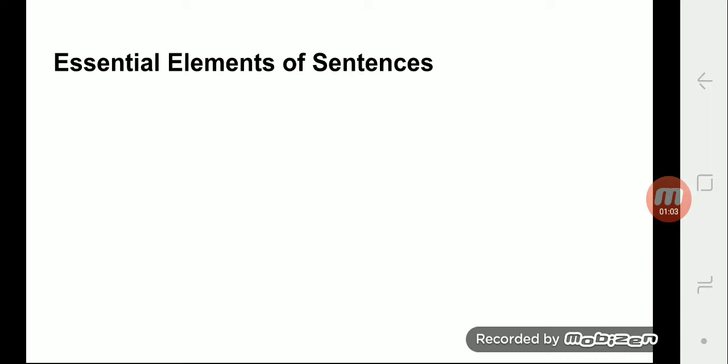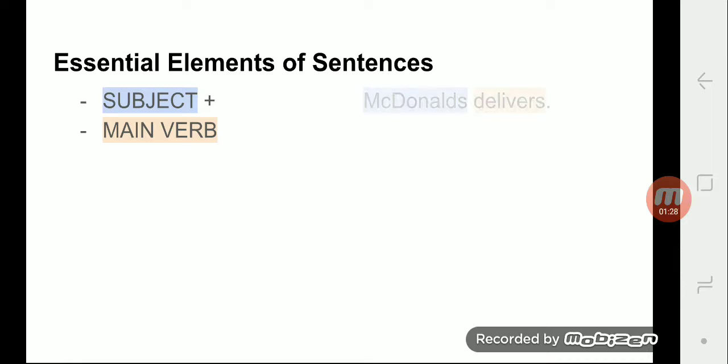The basic elements of every sentence, which you've probably heard before, are a subject, that is what a sentence is about, what it's talking about, and a main verb, that's what the thing that it's talking about is doing. What this means is that the shortest possible sentence you could have in the English language is a two-word sentence. Two-word sentences like McDonald's delivers, using a proper noun for the subject.